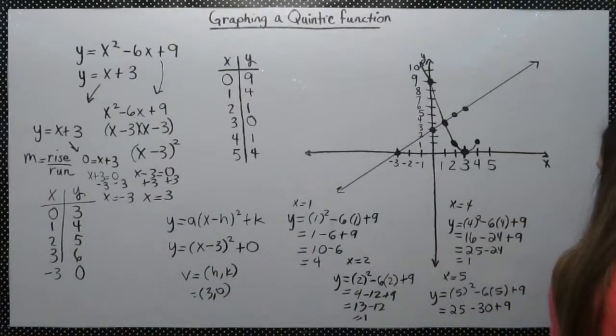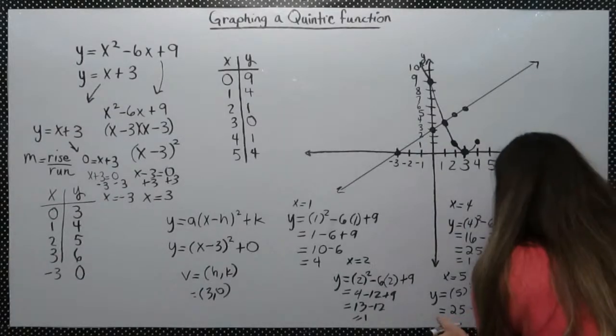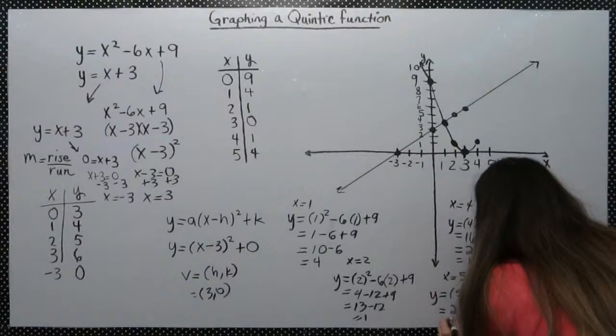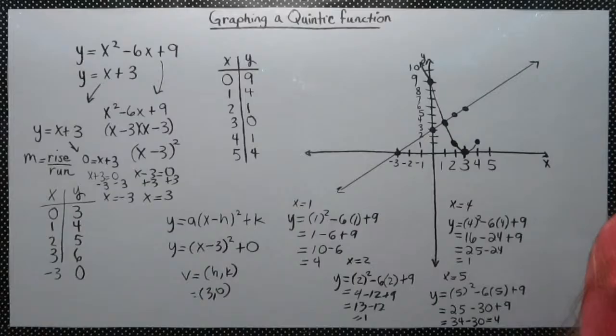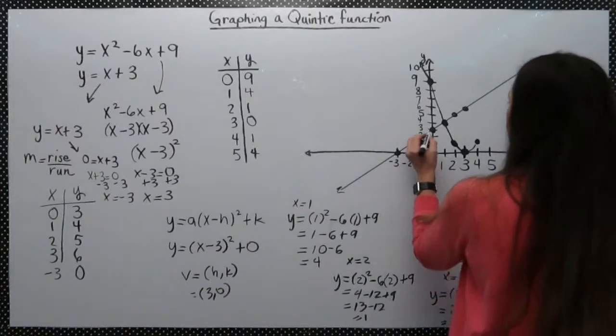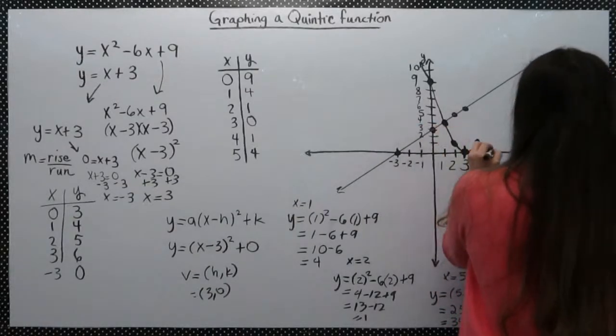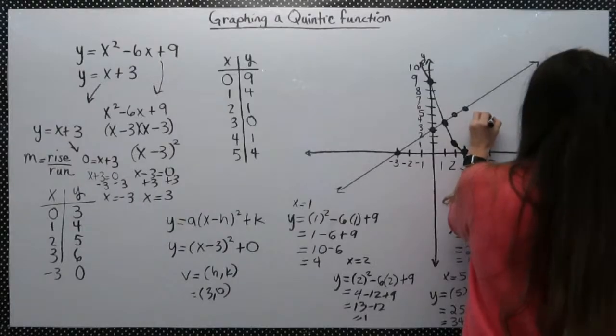So that's going to be 34 minus 30 equals 4. Good. All right. Cool. And it's just because of the symmetry.